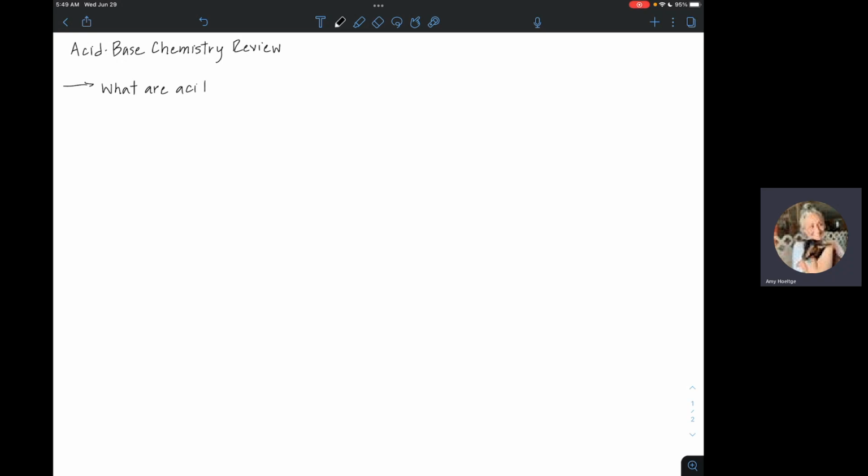So what are acids and bases? We have two definitions. And the first one, if you remember from Gen Chem, is our Arrhenius definition.